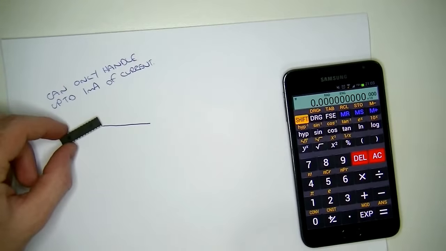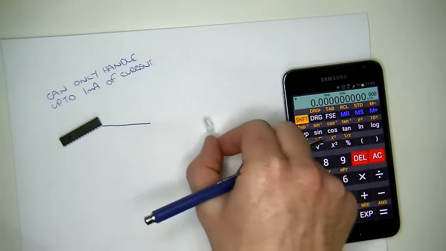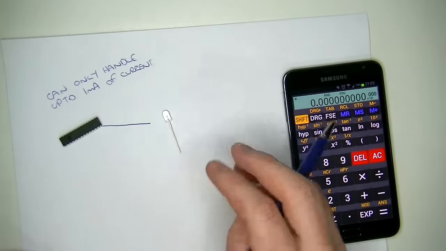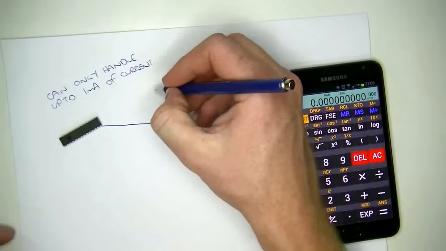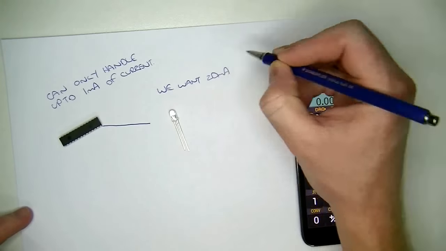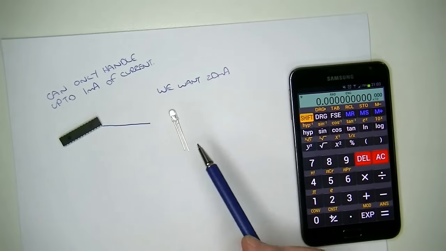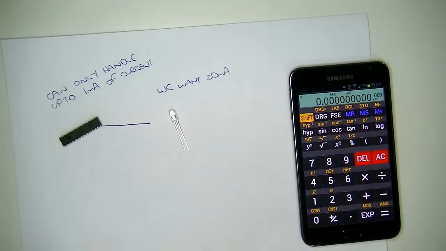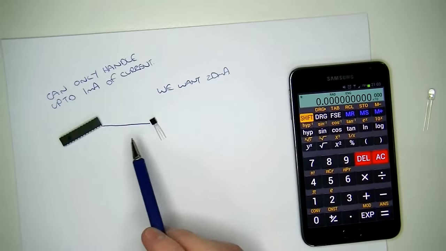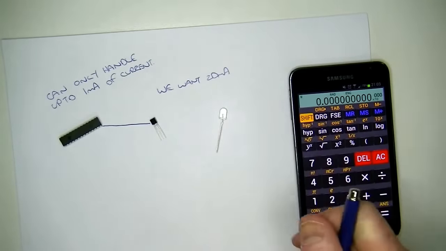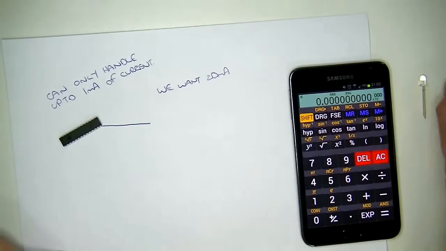Then we want this microcontroller to turn on this LED, and let's say we want 20 milliamps to flow through the LED. Well, 20 milliamps is certainly bigger than 1 milliamp, and that's all this port pin can handle. So that's where our transistor comes in. Our transistor will connect to the port pin, we'll turn the transistor on, and that'll connect to the LED to turn that on. So let's go through a bit of an example.